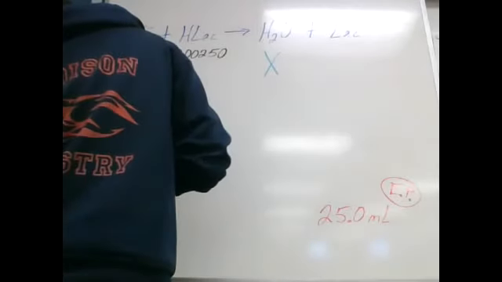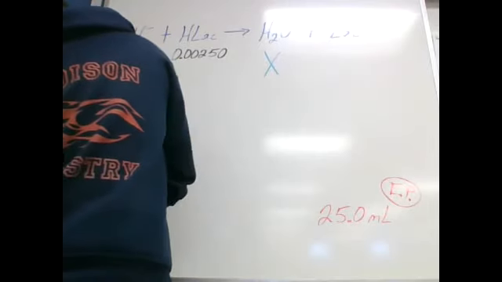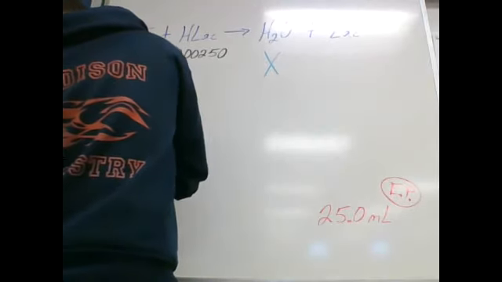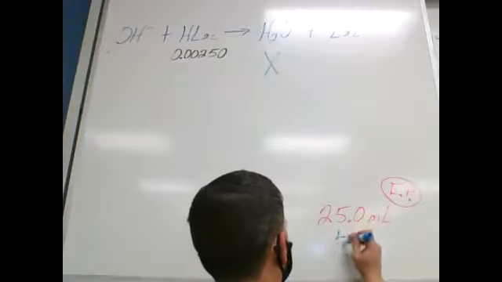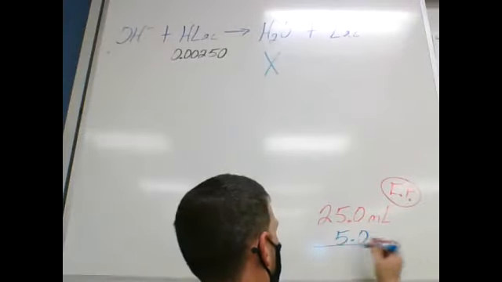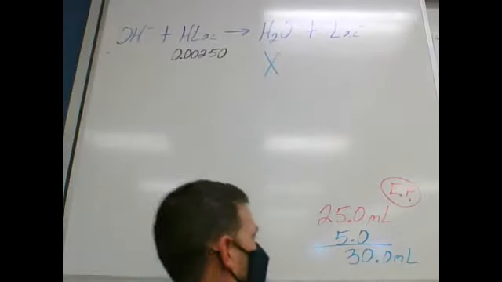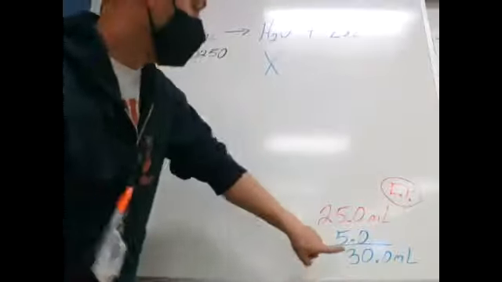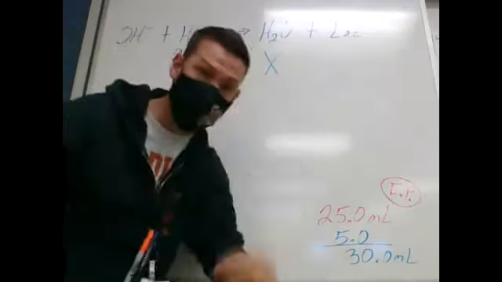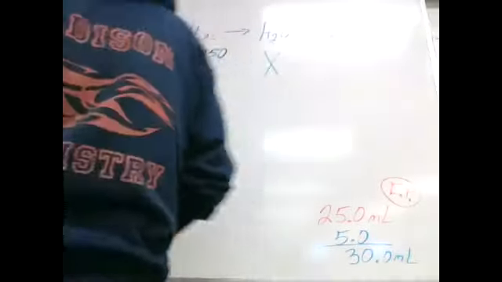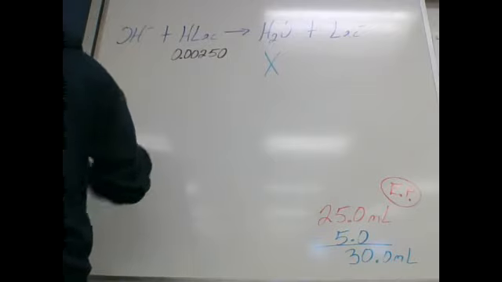So if I do that, that's going to put me at 30 mL. Sorry, it looked like my work was wrong. So we're dealing with 30 milliliters here. Here we go. 30 milliliters times hydroxide's 0.1 molarity is going to give me a count of 0.003.